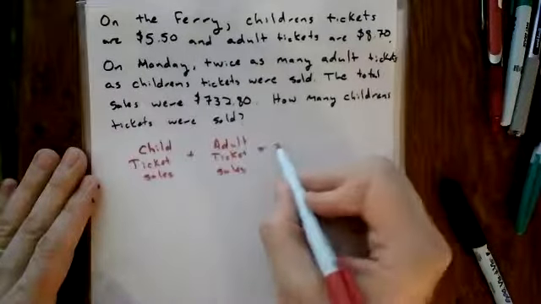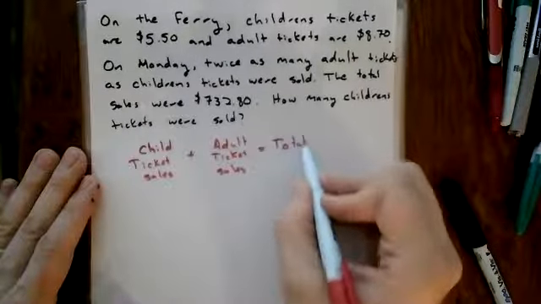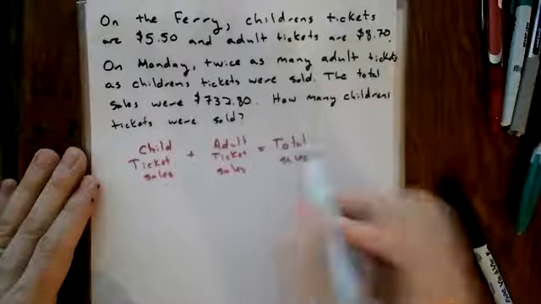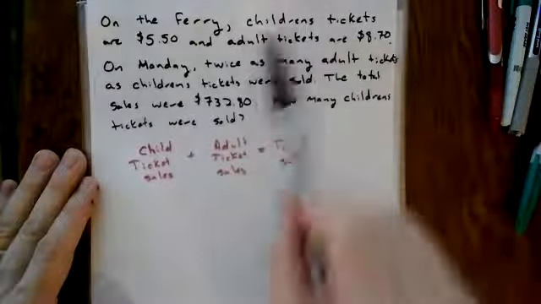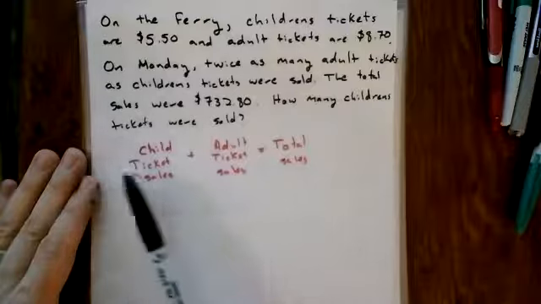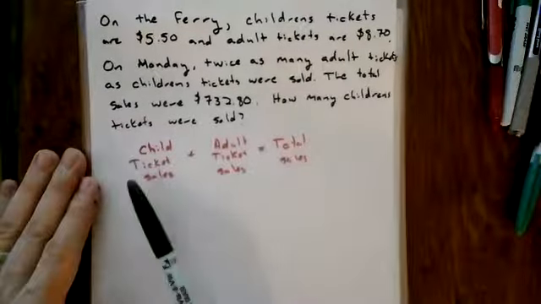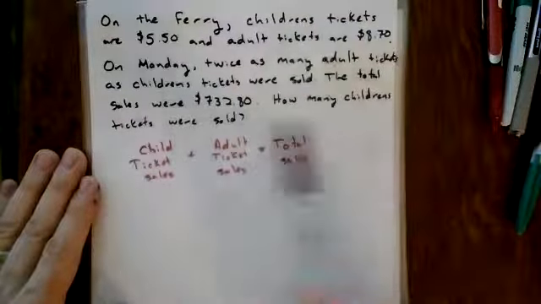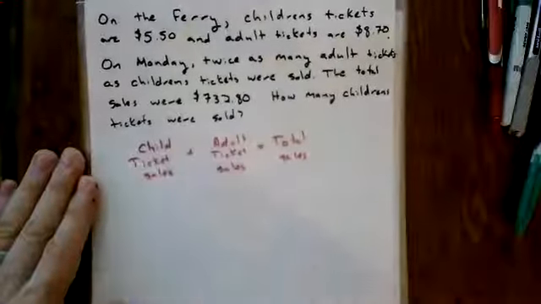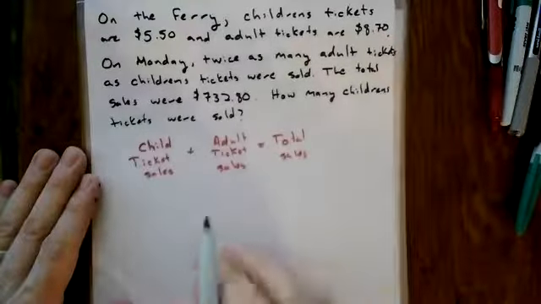And that's going to be equal to the total sales. And that pretty much is a good way of translating into math what all of this is. We haven't put any numbers into it yet, but we're going to do that.